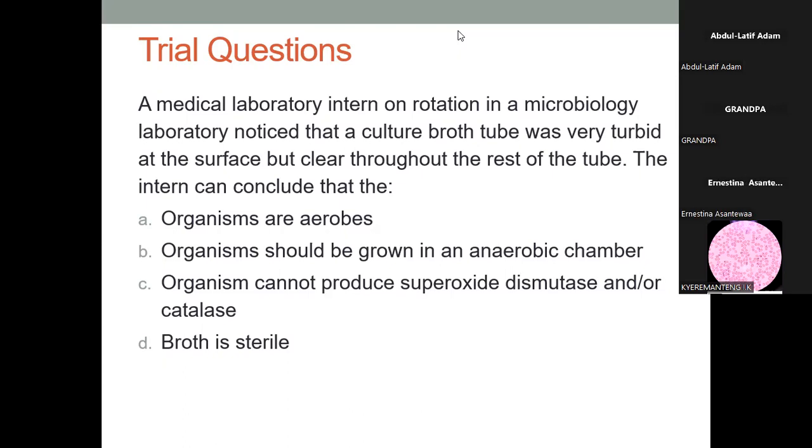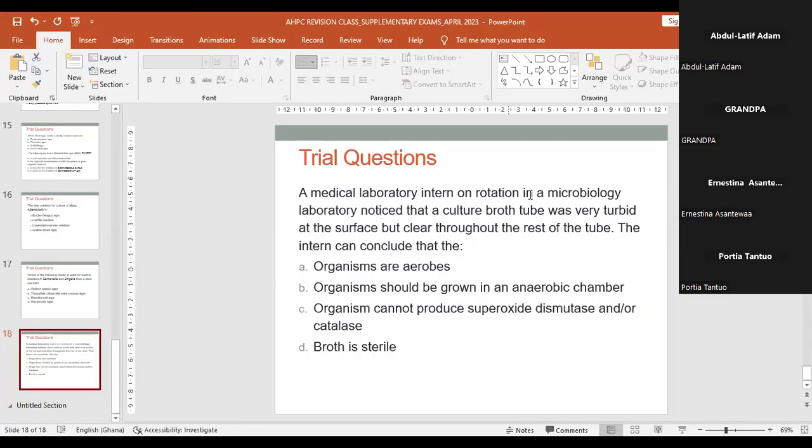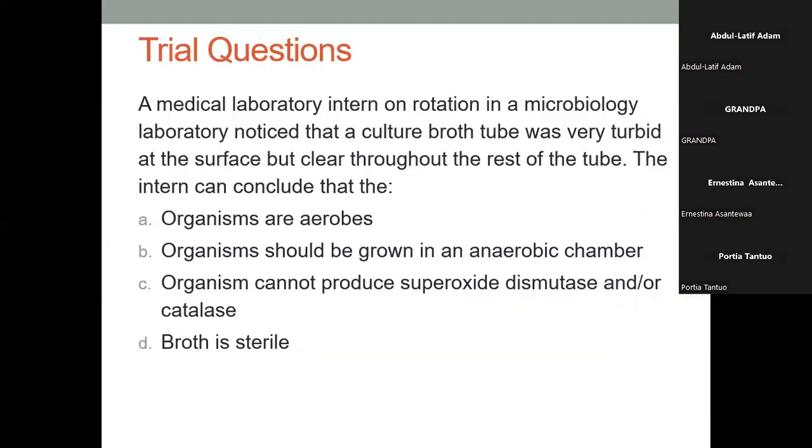So if there's turbidity throughout the entire broth, what does it mean? If there's turbidity throughout the broth, what does it mean? It means there is growth throughout the broth.